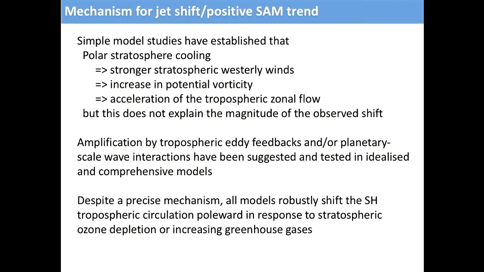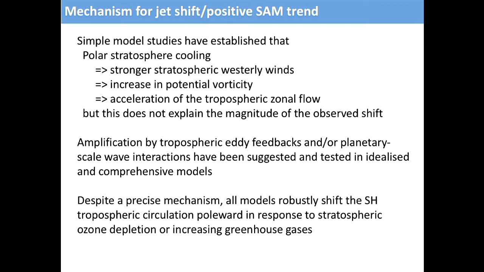But basically, ozone depletion cools the stratosphere over Antarctica. That leads to stronger stratospheric westerly winds, an increase in potential vorticity, and an acceleration of the tropospheric zonal flow. But these simple model studies can't explain the magnitude of the observed shift we've seen, so there are some details still to be worked out of whether this mechanism can really explain the shift.